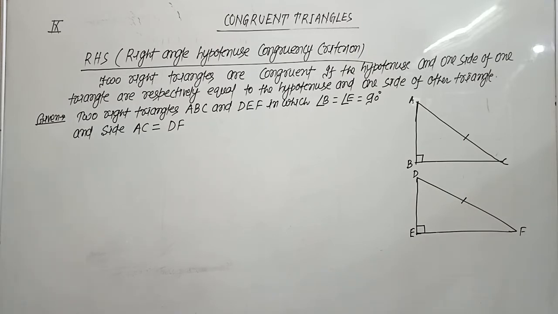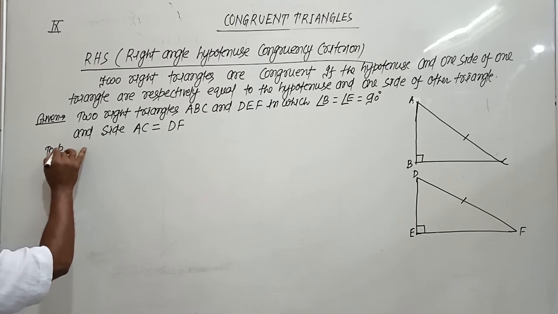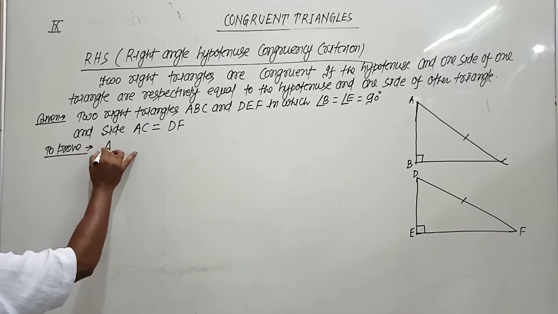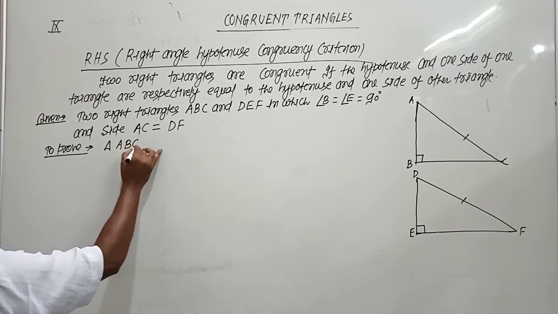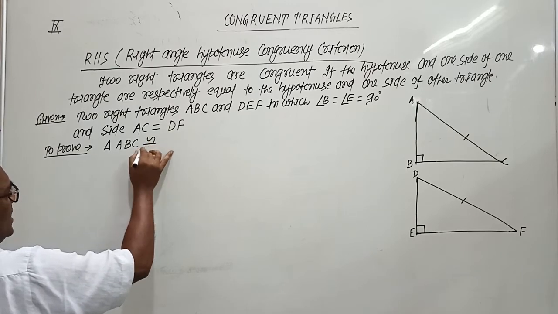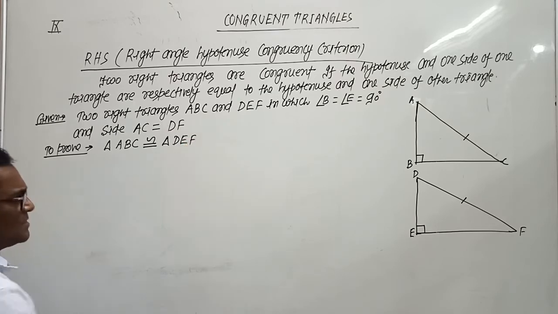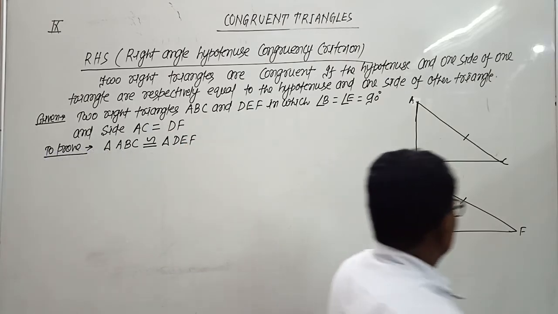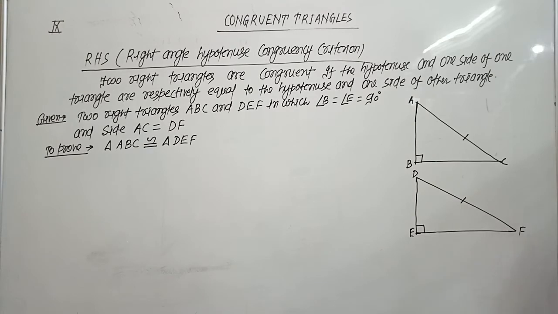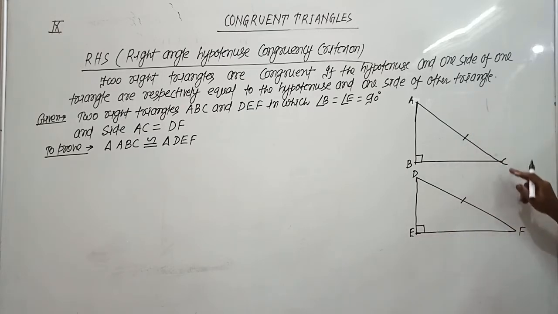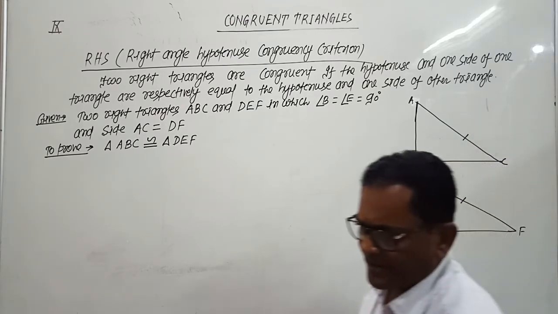To prove: triangle ABC is congruent to triangle DEF.